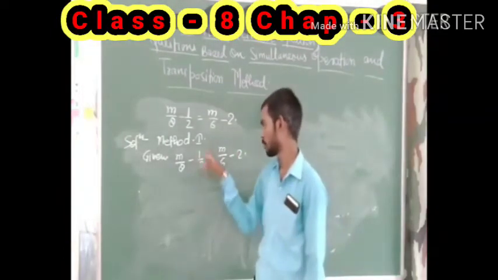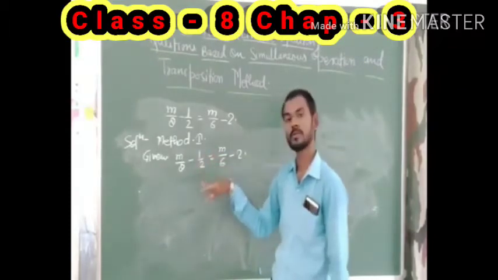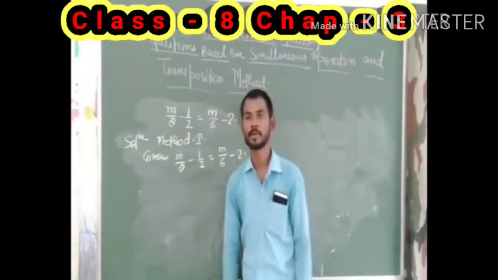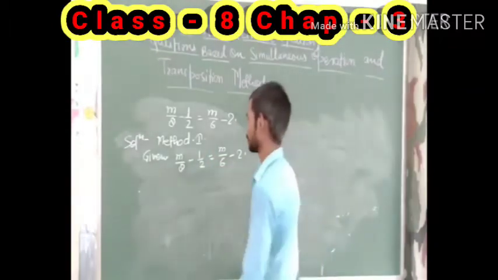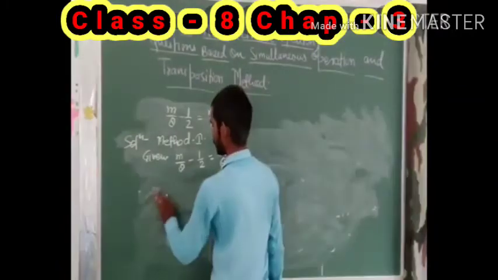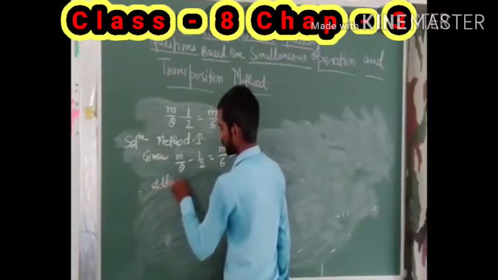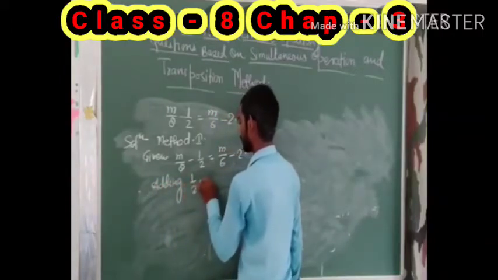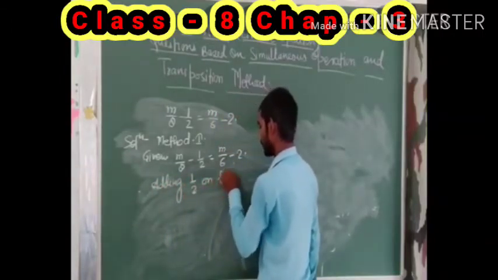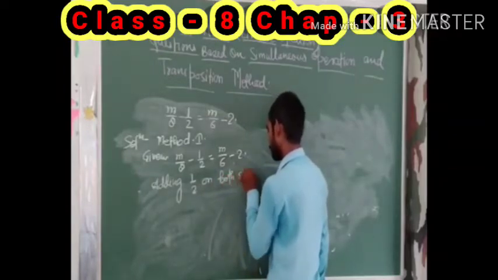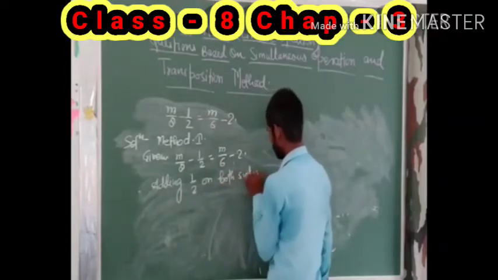Now, in order to remove minus 1 upon 2, we have to add 1 upon 2 on both sides. So this implies, adding 1 upon 2 on both sides.